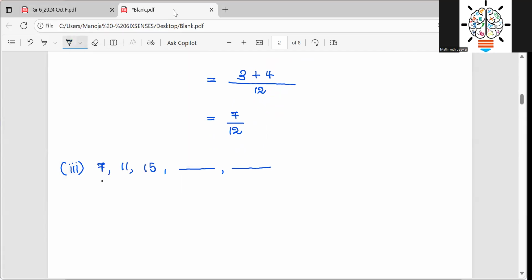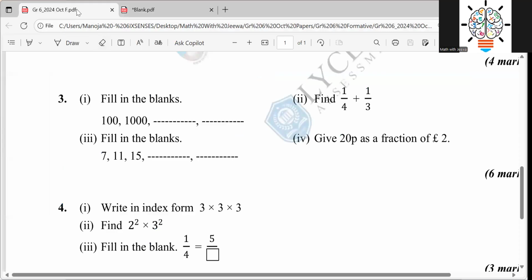Now when you move from 7 to 11, you add 4. Then you move from 11 to 15, you add 4. If you want to follow the same, you are adding 4 and it gives me 19. And you want to add 4, 23. Okay. So this is how it should be. So these are very simple things, children.